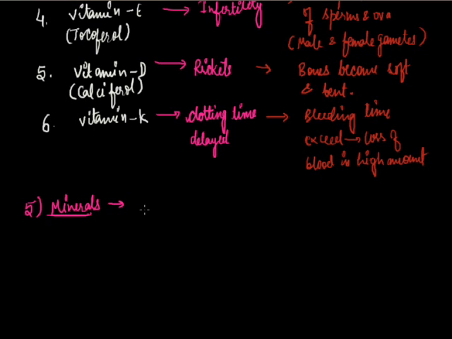The human body requires about 15 different kinds of minerals. We can say they are also an important basic constituent of diet, or basic constituent of food.